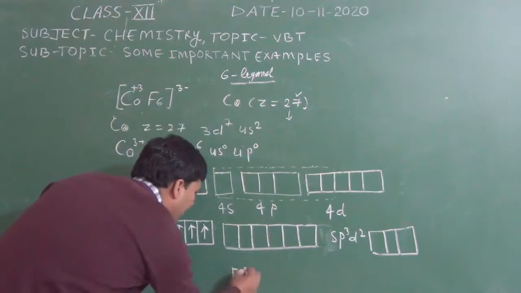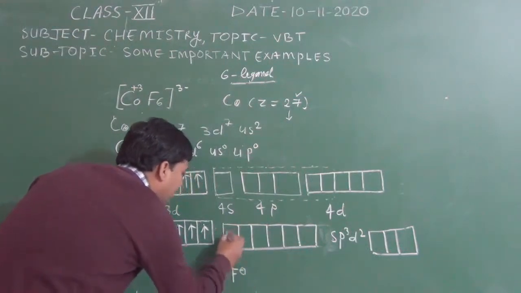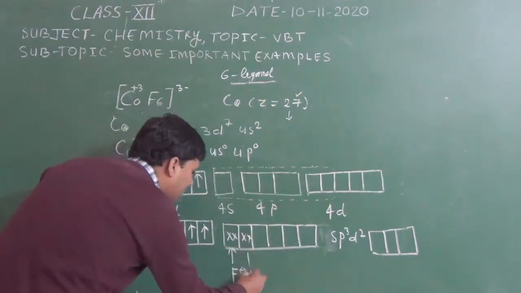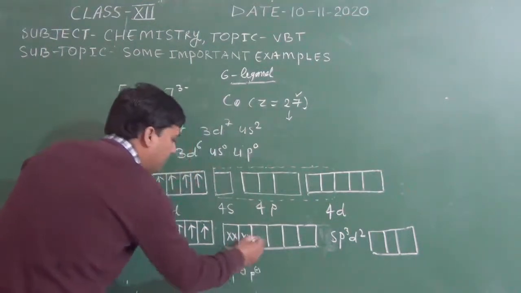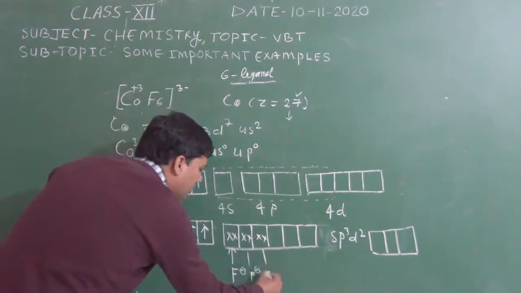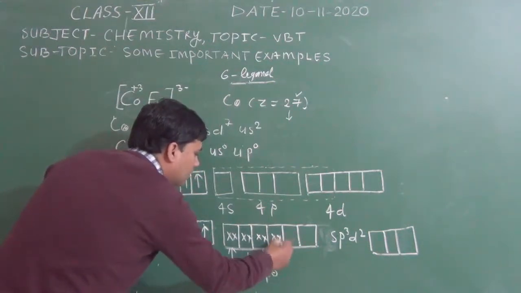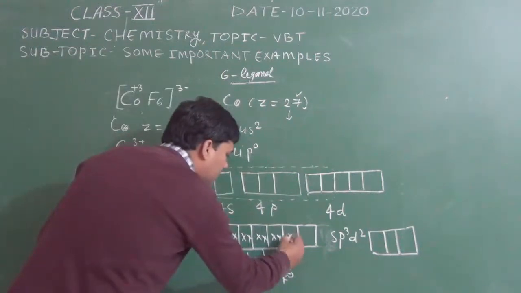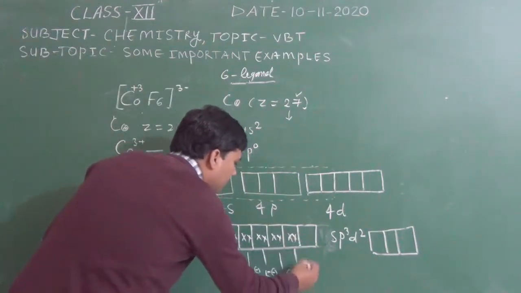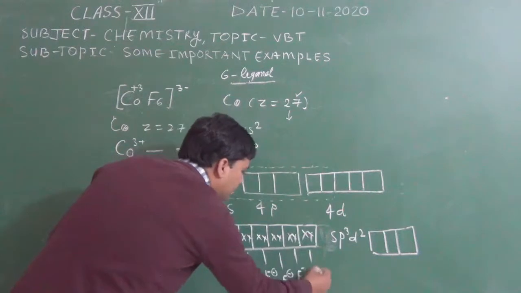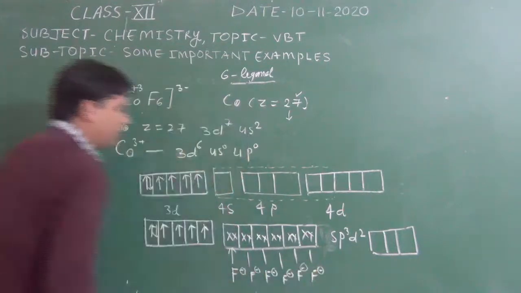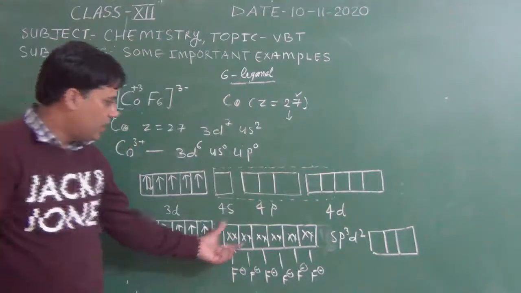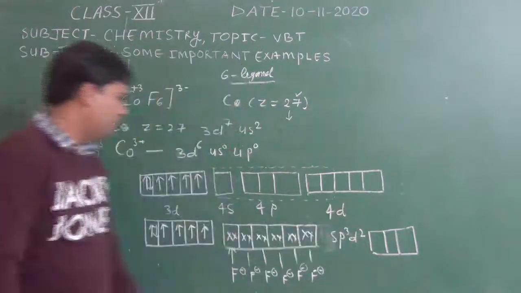So the first F- forms a coordinate bond with these orbitals, the second F- forms a coordinate bond, and likewise the third, fourth, fifth and sixth. So how many coordinate bonds form? 6 coordinate bonds, and the hybridization is sp3d2.